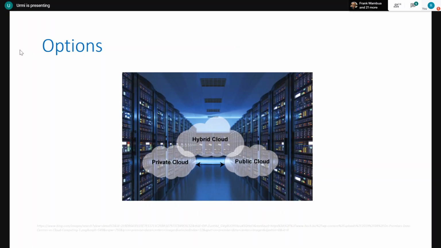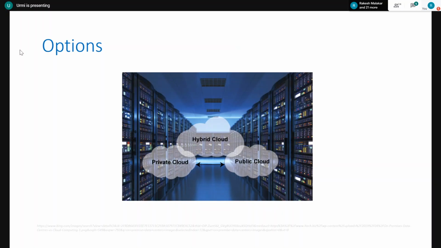If you've ever used Hotmail, now I know that's 20 years ago, some of you may not remember Hotmail, but if you have a Yahoo account or a Live account or a Gmail, you're consuming server storage, network connectivity, and the data center in which these servers are stored, from Amazon or Microsoft or Google or whoever your email service provider is, whether it's an ISP or whoever.